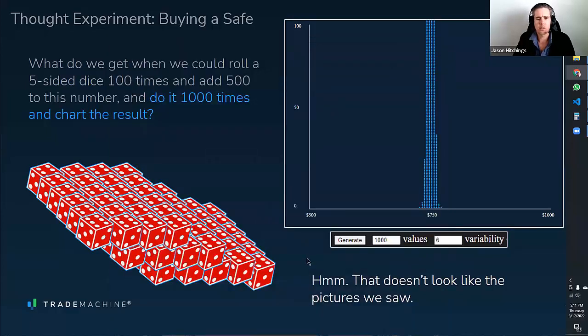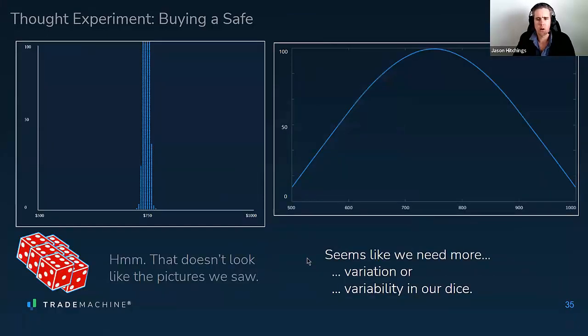So that doesn't seem like the shape of the graph that we saw. When we're rolling a 6-sided dice, it's only coming up with values between 0 and 5. So it seems like we need something that has more variability in it, or more volatility, if you like.